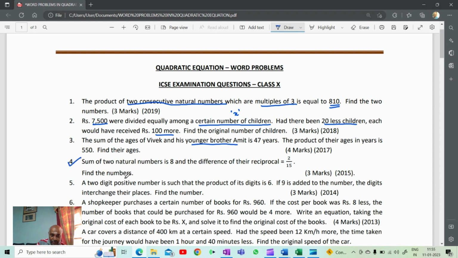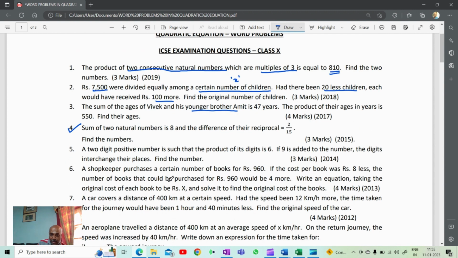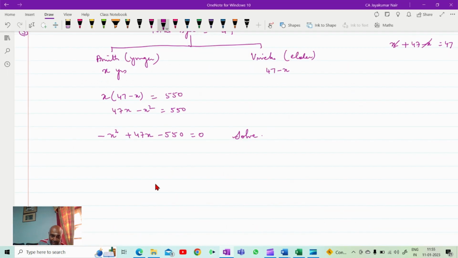Moving on to the next one, the sum of two natural numbers is 8. So there are two natural numbers. When you add the two natural numbers, it is 8. So I'll write here, this is question 4. There are two numbers, sum is equal to 8. So what are the numbers? I don't know.